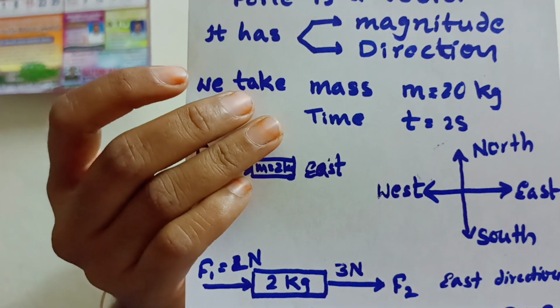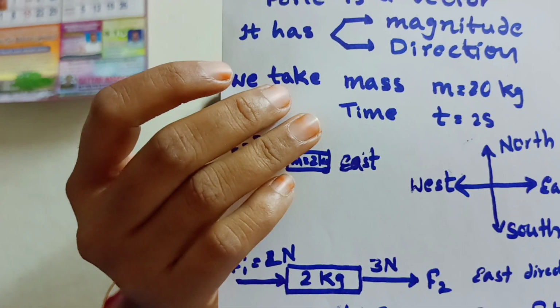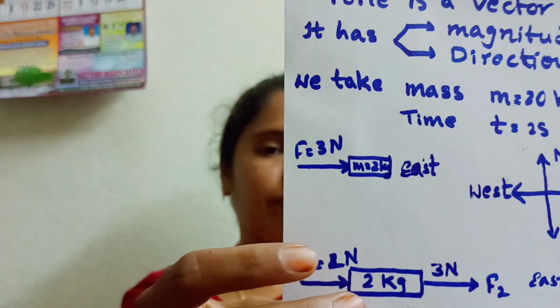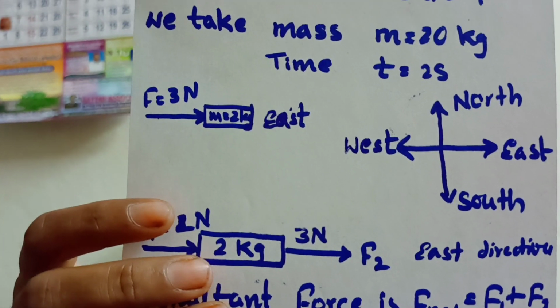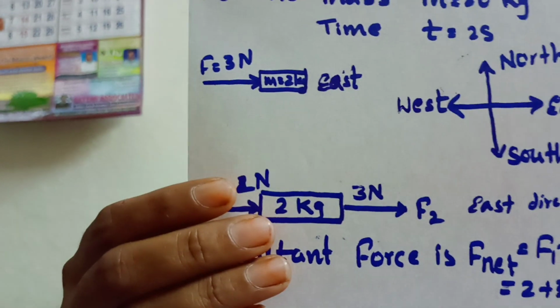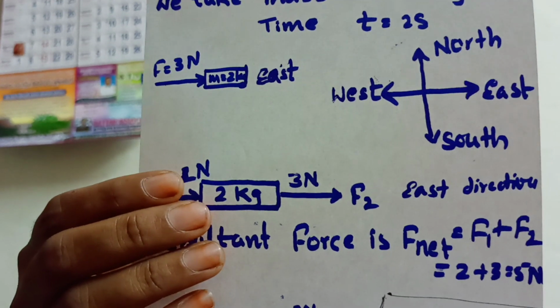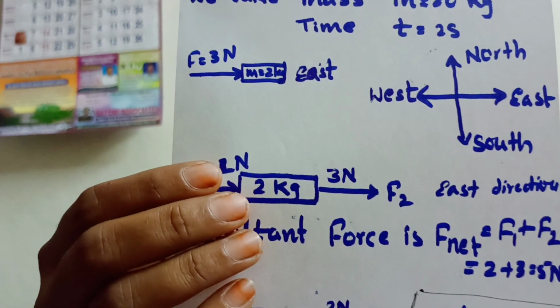But I have taken a box, its mass is 2 kgs, an object. Here we applied force F1 of 3 newtons.